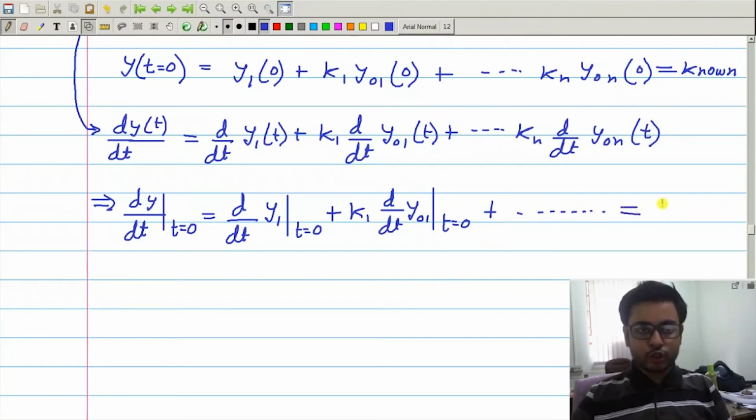This is also known or given because this term is given in the boundary conditions.